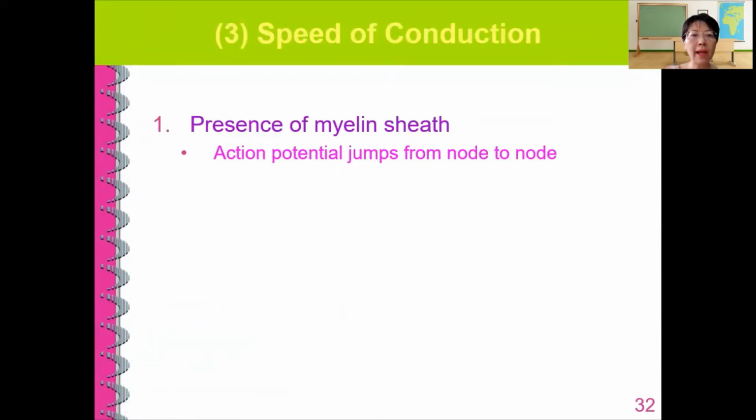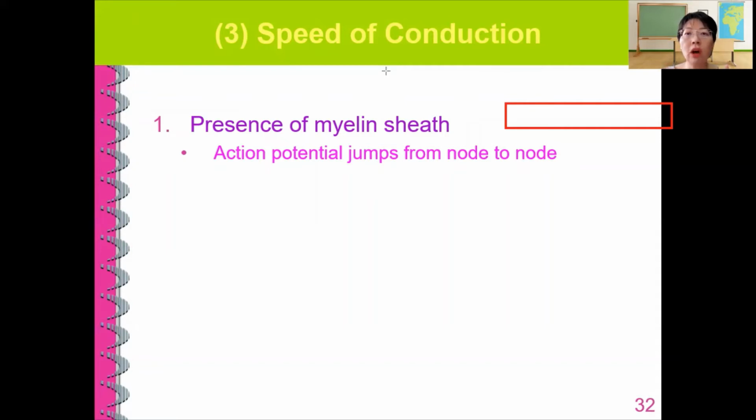The presence of myelin sheath will increase the speed of conduction, because whenever there's myelin sheath, the action potential can only be present at the node of Ranvier. By now you know that the membrane potential is produced because of the movement of sodium and potassium ions across the membrane.